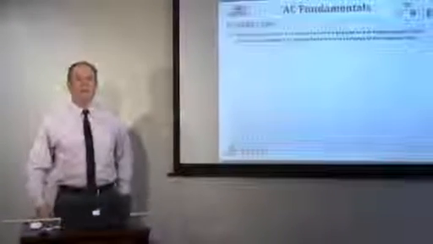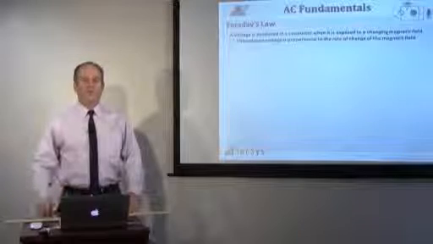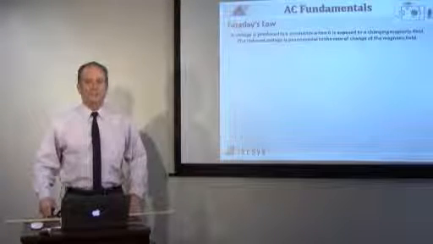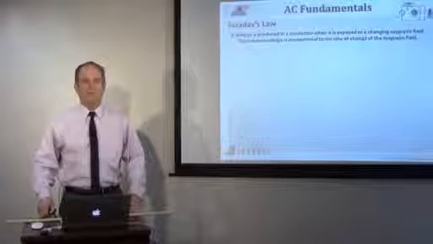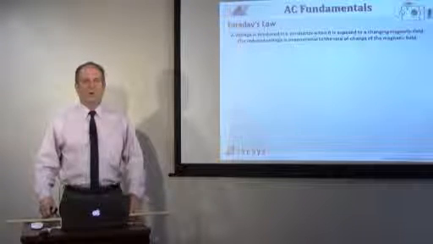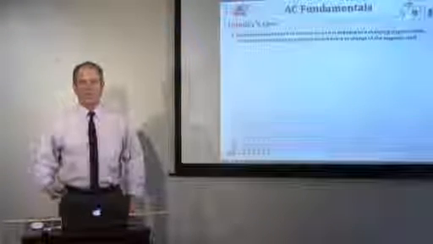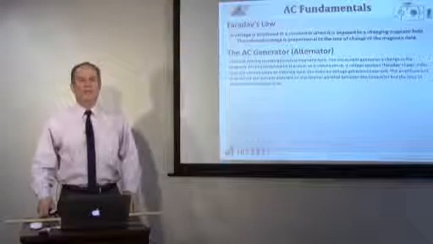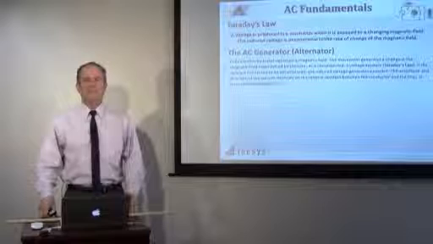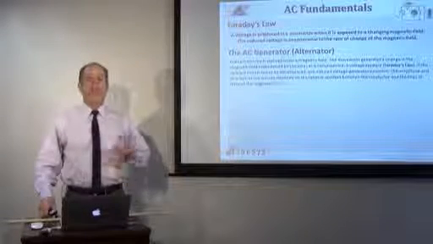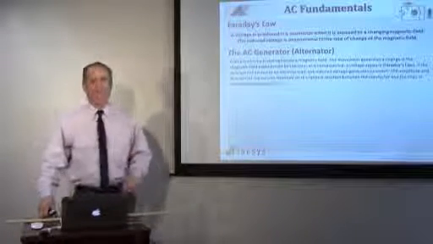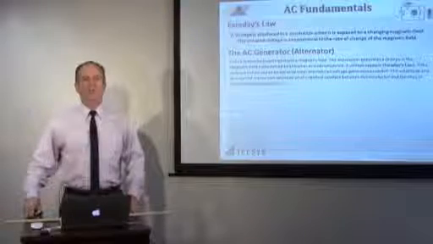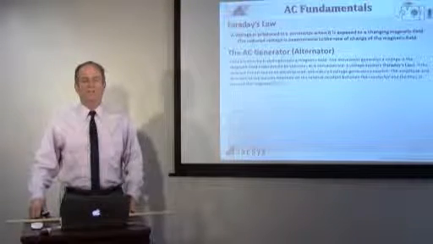Faraday's law is a voltage is produced in a conductor when it is exposed to a changing magnetic field. The induced voltage is proportional to the rate of change of the magnetic field. Okay? So coils that are moving or rotating inside a magnetic field will generate a voltage from Faraday's law.